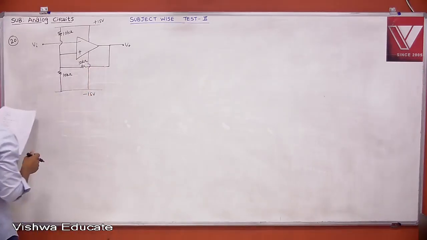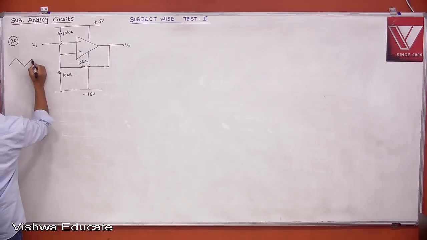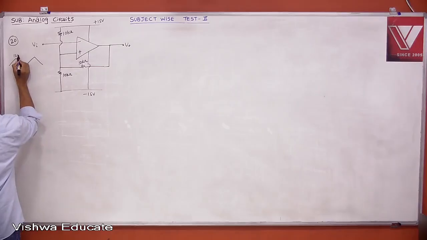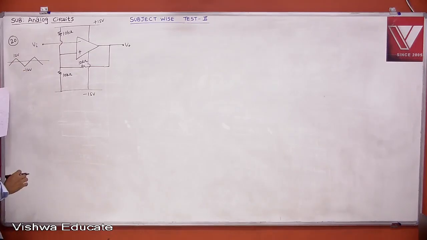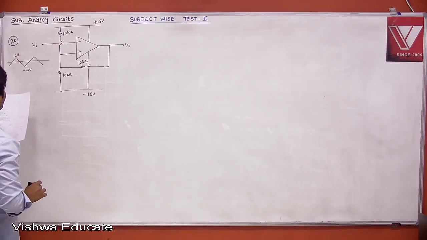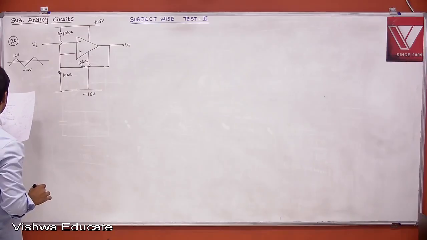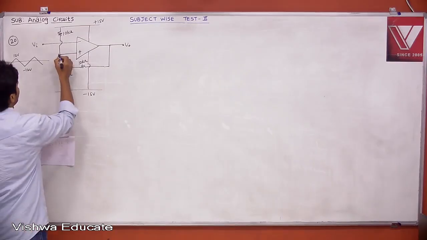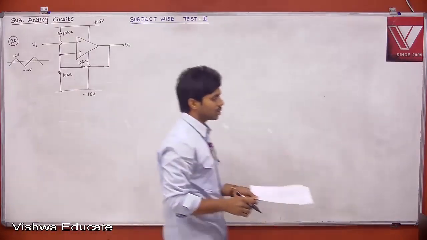Now, a triangular wave is given at the input. This is plus 12 and then minus 12. Now it is asking what is the voltage at the non-inverting input, that is, what it switches between.